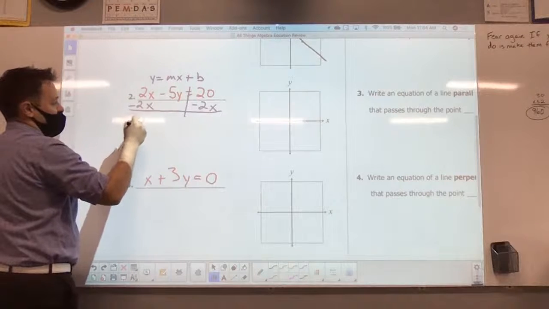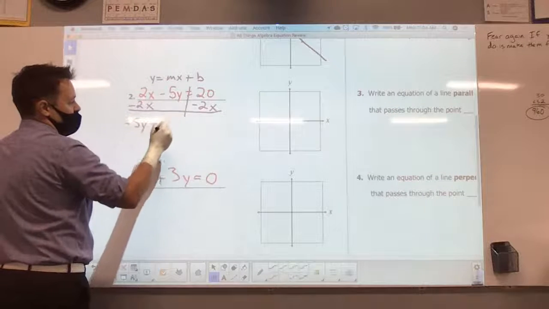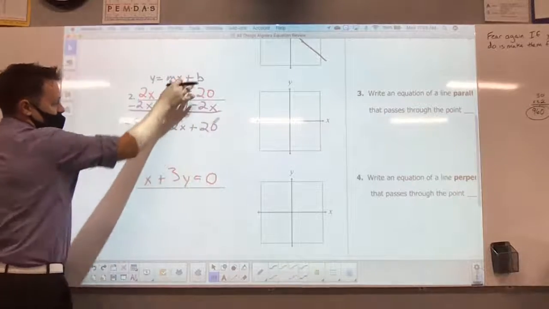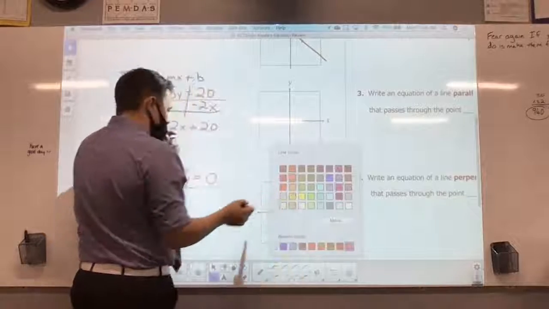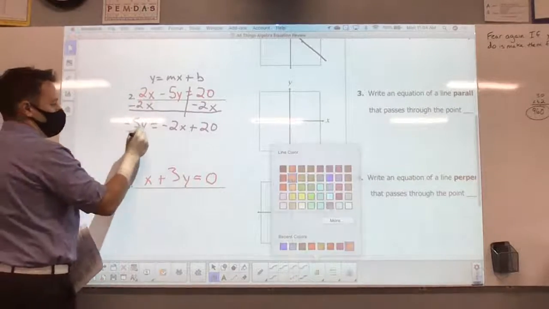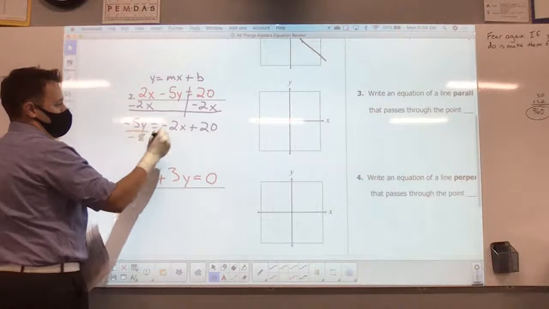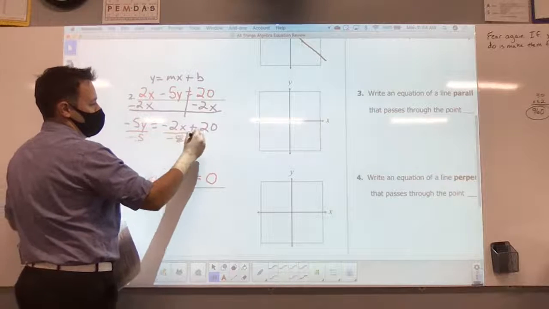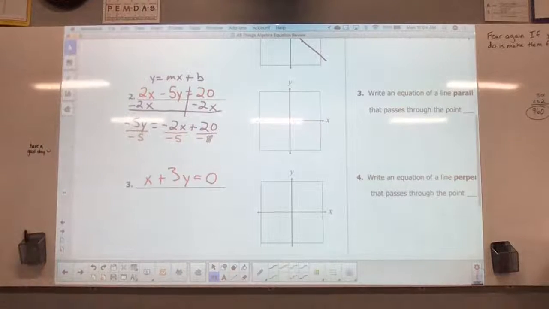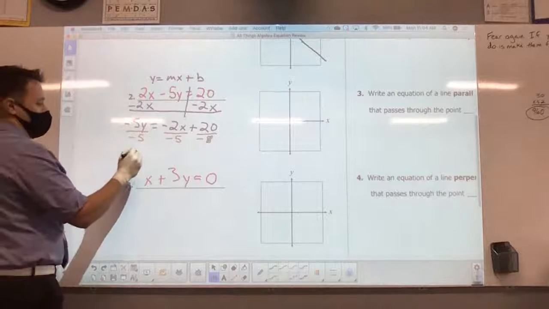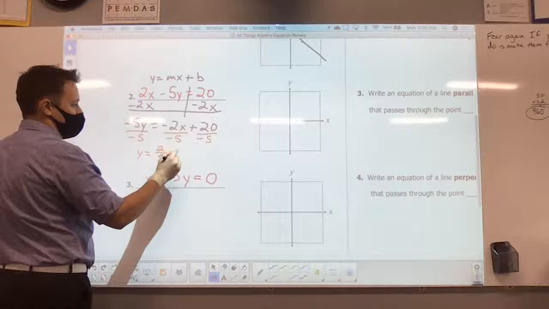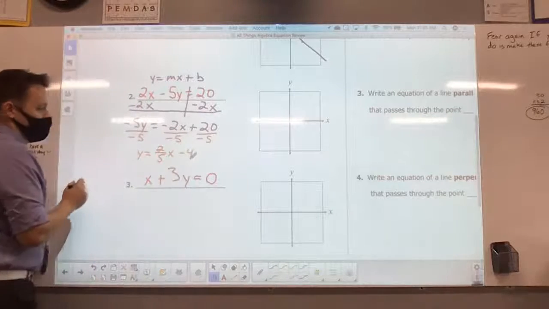That'd be -5y equals -2x plus 20. So we're close to looking like that. Now to get it to y equals, the last step is to do what? Divide everything by -5. Okay. Then, ladies and gentlemen, you get your answer. y equals 2 over 5x minus 4.